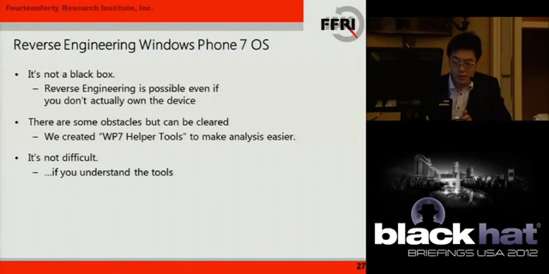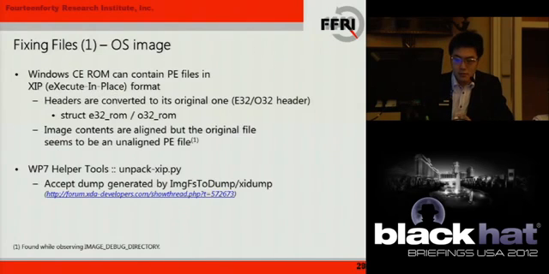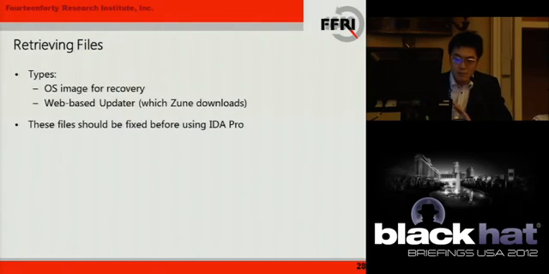So, the first step to reverse engineering is retrieving files. If you need to analyze the whole system, you will need an OS image. Fortunately, some OEMs like HTC made recovery images available. Also, their web-based updater files can be used.